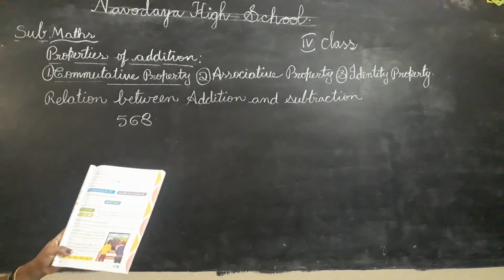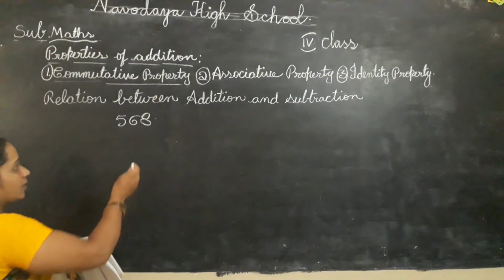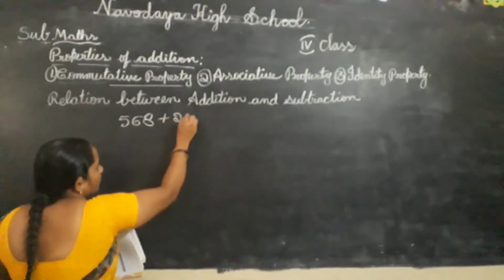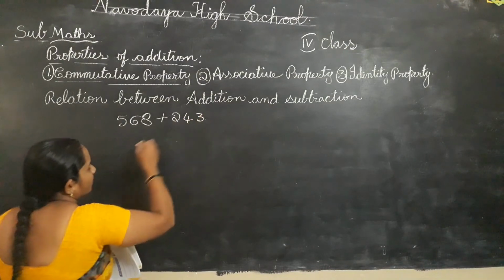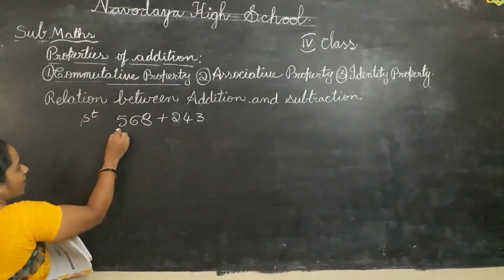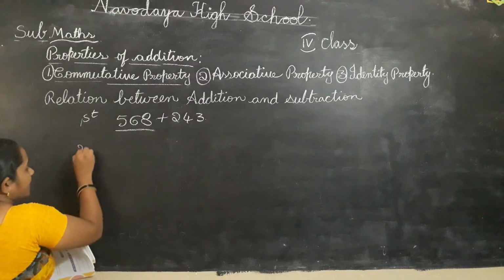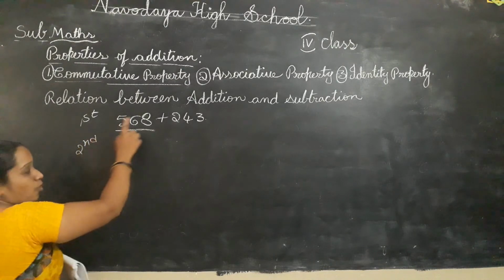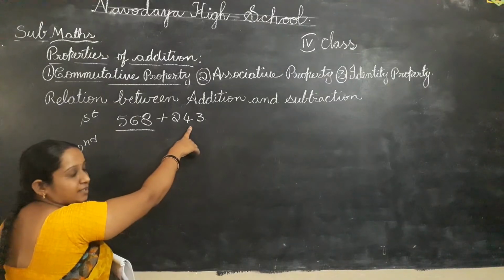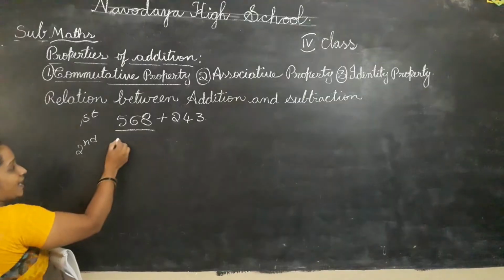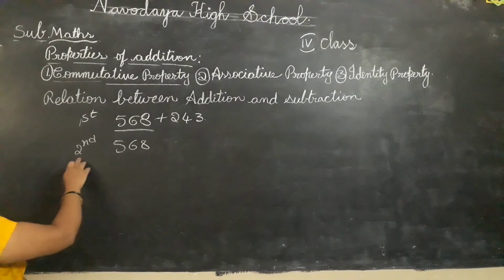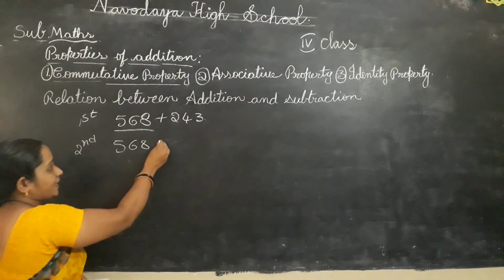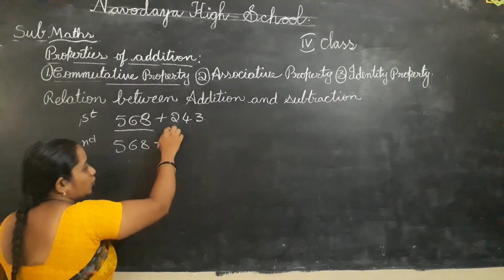Then he scored 243 points more than the first time. So first time he got 568 and in the second time he got 243 more. So in the second time he got 568 plus 243.